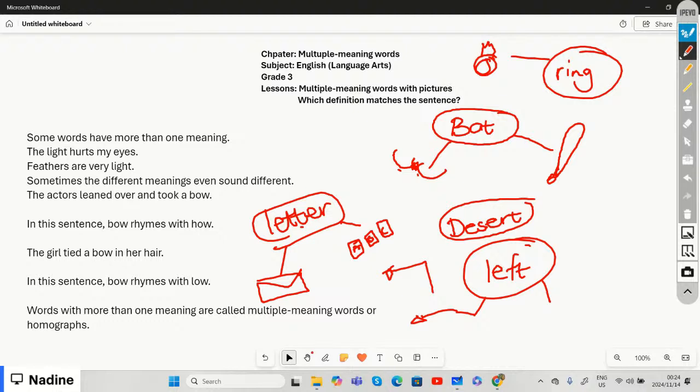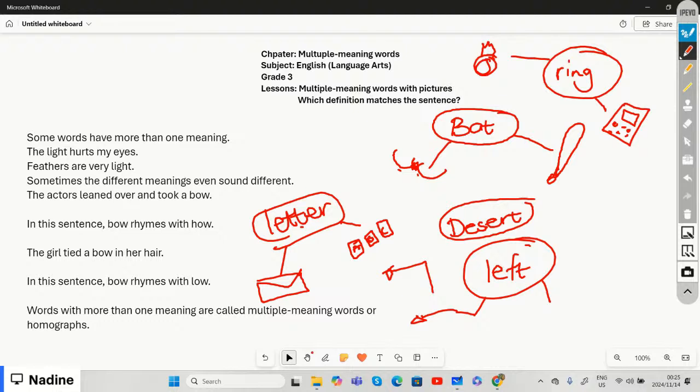Or it's like somebody says now, I will call you later. Usually when they say I will call you later, it means I will give you a ring later.